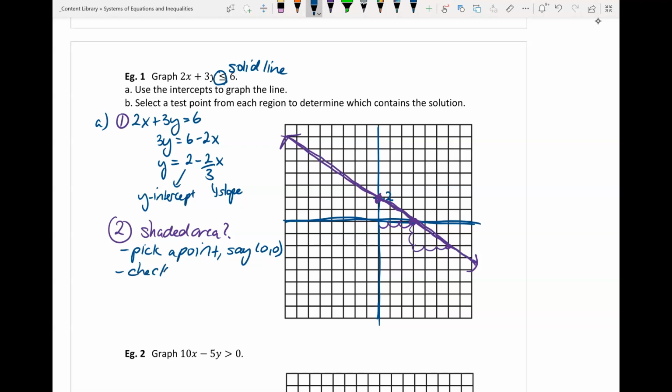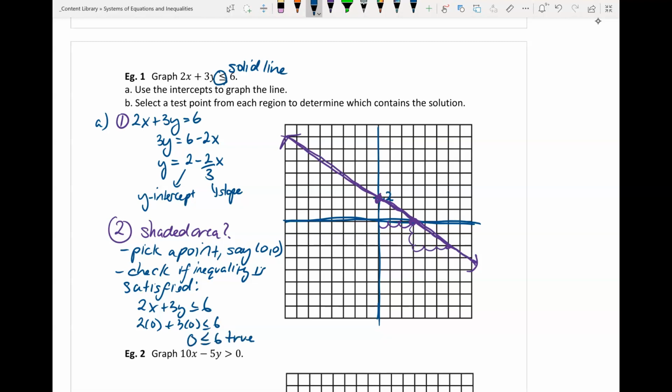Now we're going to check if our inequality is satisfied if we were to plug it in. So we're going to use our inequality that was given to us. 2x plus 3y is smaller or equal to 6. And then I'm going to plug in the point 0, 0 to see if it's true or not. So 2 times 0 plus 3 times 0. And if I were to simplify this, it'll be 0 smaller or equal to 6.